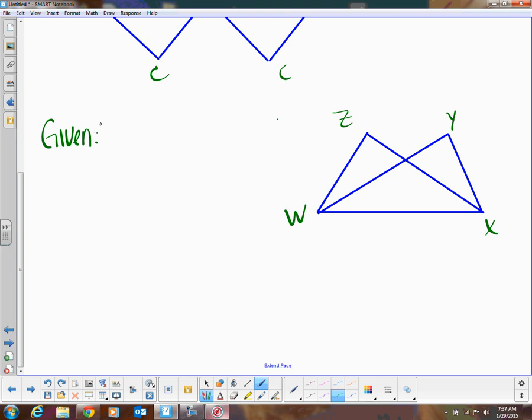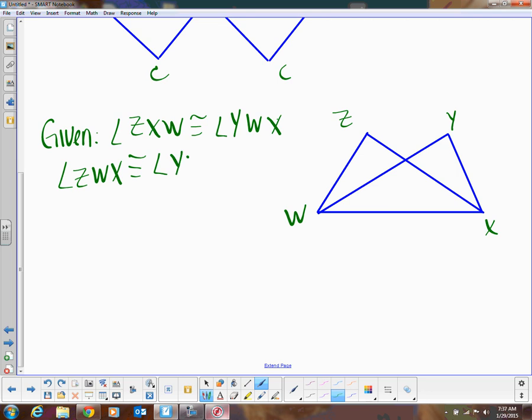You have been given that angle ZXW is congruent to angle YWX. You have been given angle ZWX is congruent to angle YXW. And you are supposed to prove that ZW is congruent to YX.